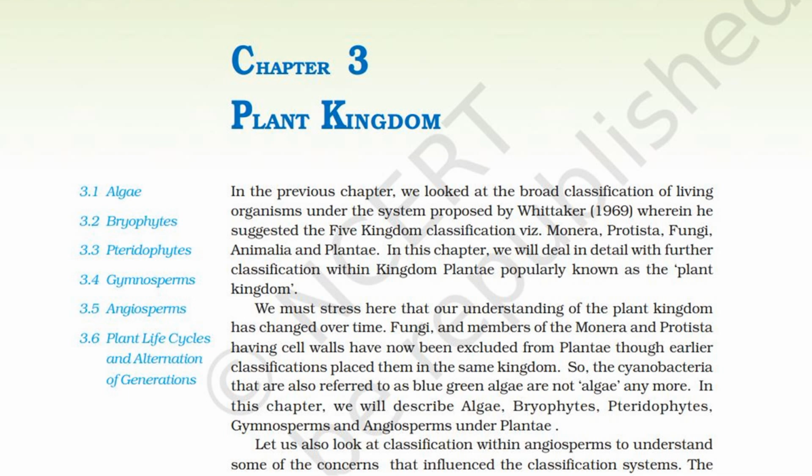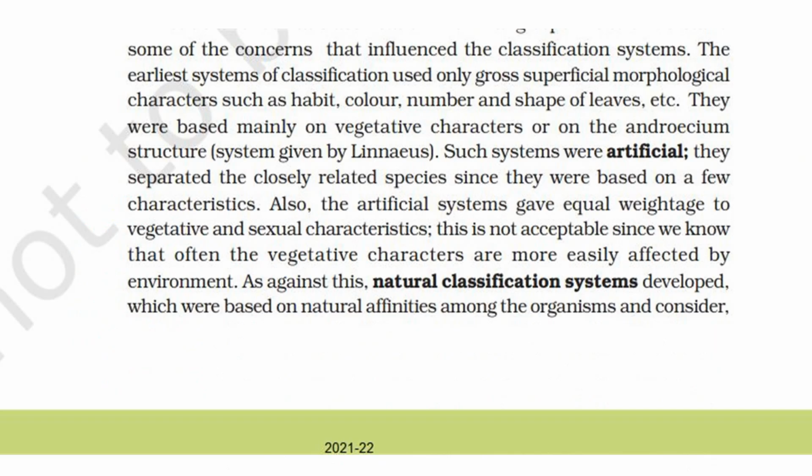Let us also look at classification within Angiosperms to understand some of the concerns that influenced the classification systems. The earliest systems of classification used only gross superficial morphological characters such as habit, color, number and shape of leaves, etc. They were based mainly on vegetative characters or on the Androecium structure, a system given by Linnaeus.